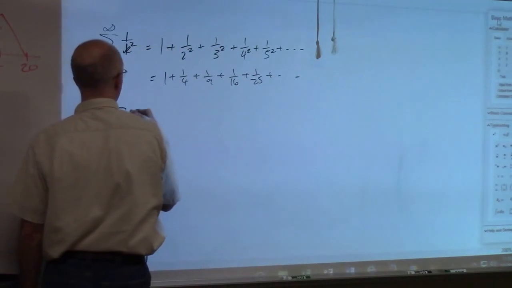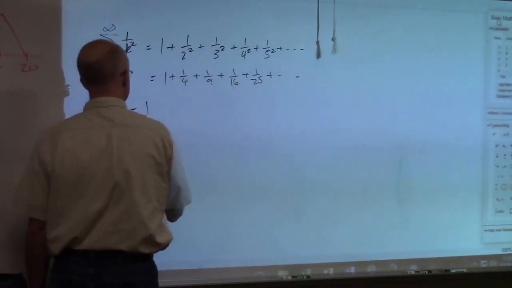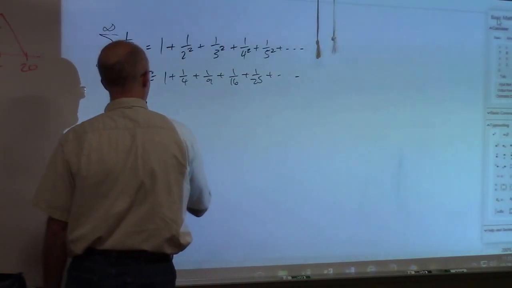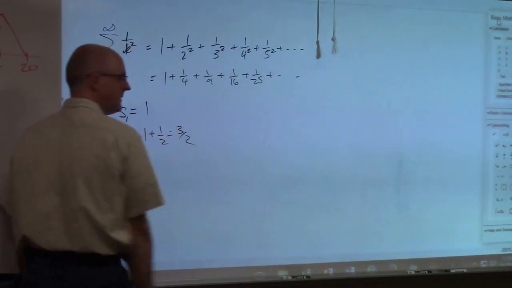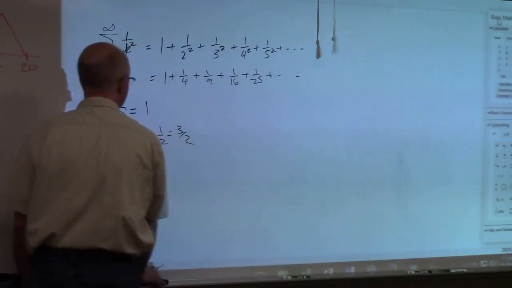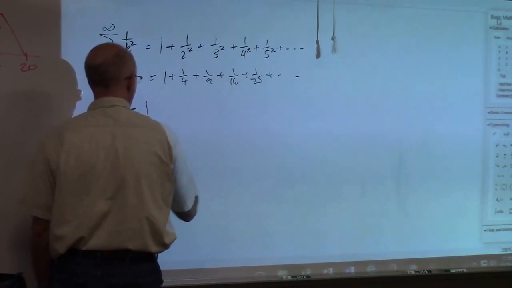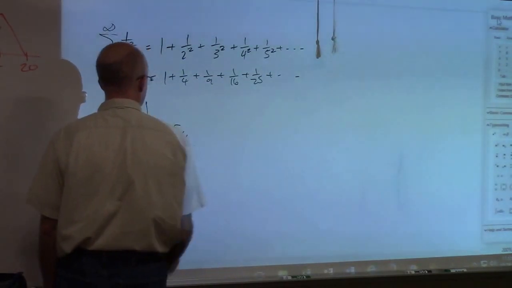So S1, the first partial sum, is just 1. S2 is the second partial sum. It's 1 plus a fourth, which is 5 fourths.